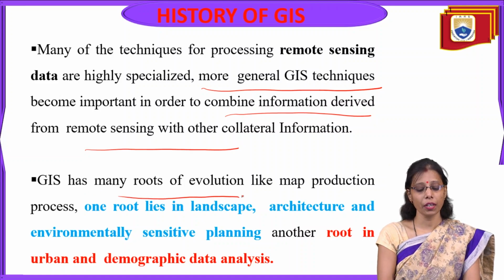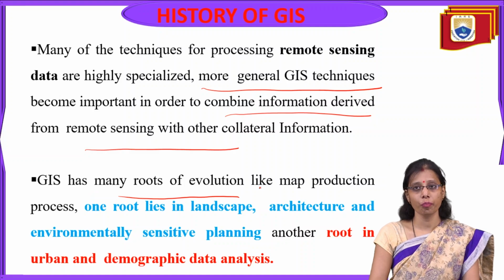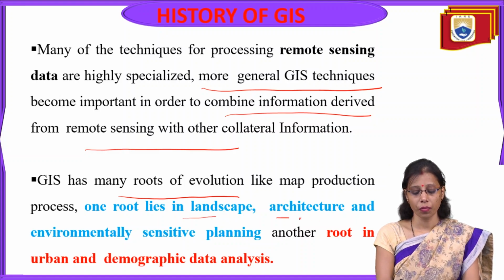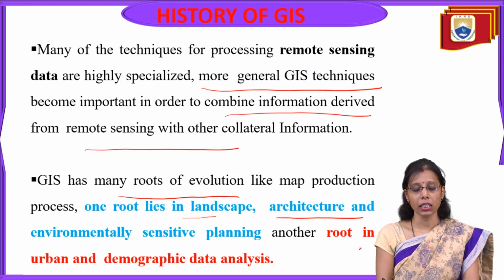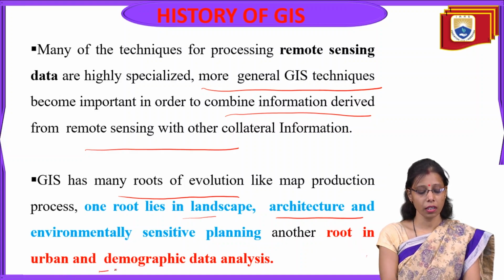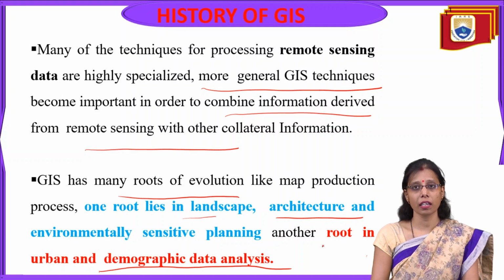GIS has many routes of evolution, like the map production process. One route lies in landscape architecture and environmentally sensitive planning, and the other route lies in urban and demographic data analysis.